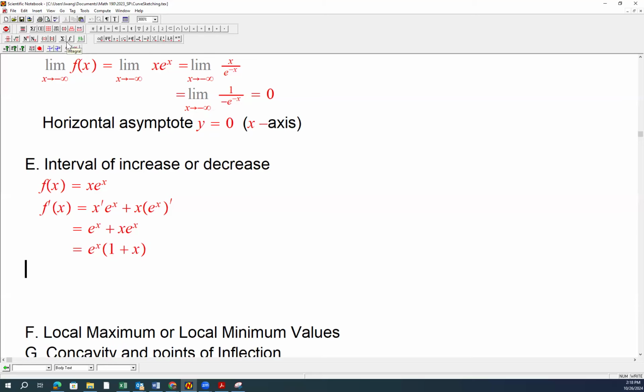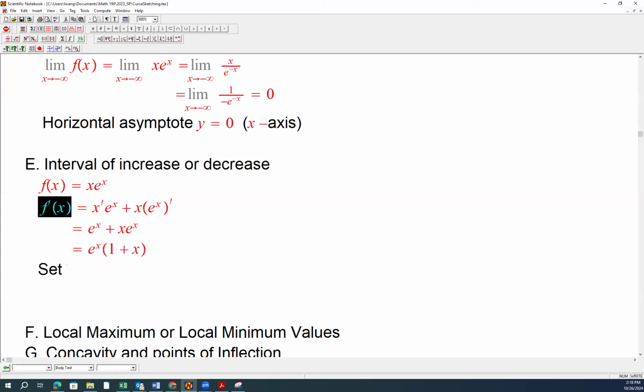And then we can set the derivative equal to 0. Setting the derivative equal to 0, the purpose is to find critical numbers.